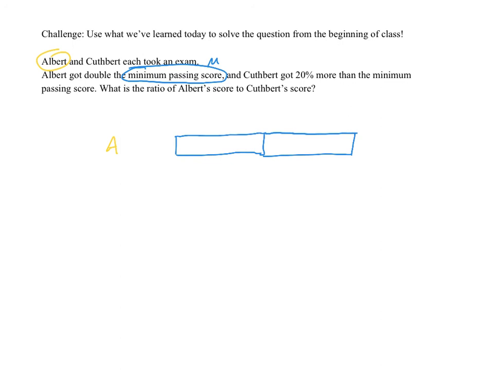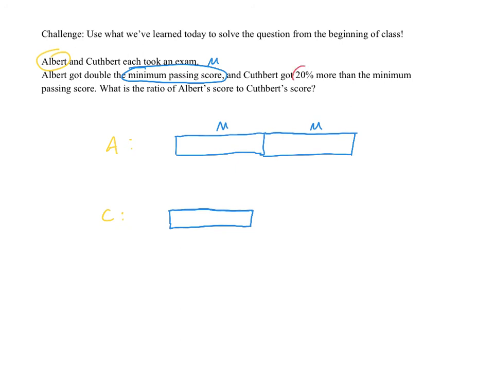Now Cuthbert got 20% more than the minimum passing score. So here's my minimum passing score, that's my M value. Now I'll draw Cuthbert down here. So Cuthbert did get the minimum passing score, so I'll draw that box in the same amount. Then Cuthbert got 20% more than that as well.